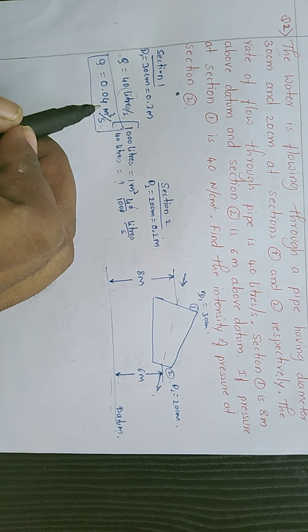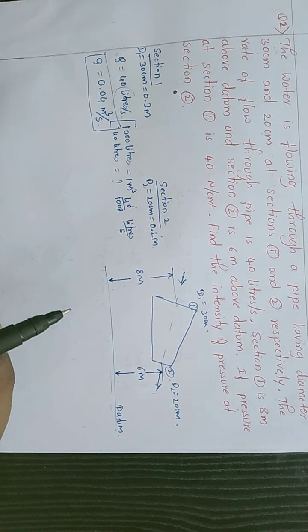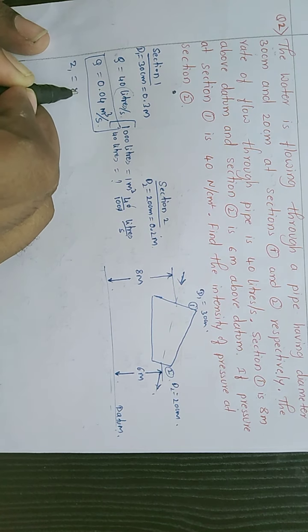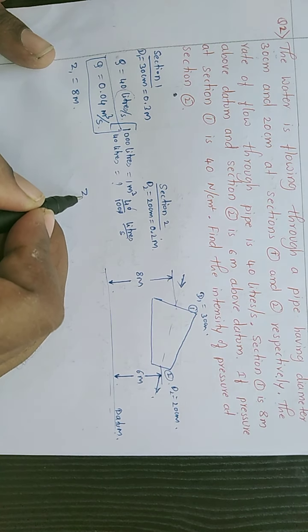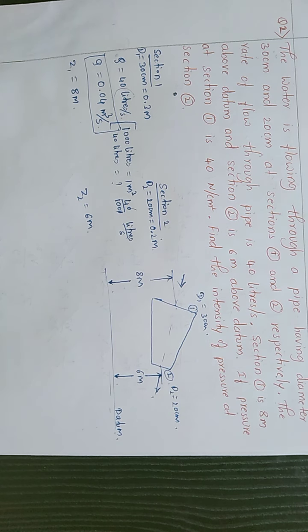Now section 1 is 8 meters above the datum, which is nothing but Z1. So Z1 is 8 meters and Z2 is 6 meters above the datum.